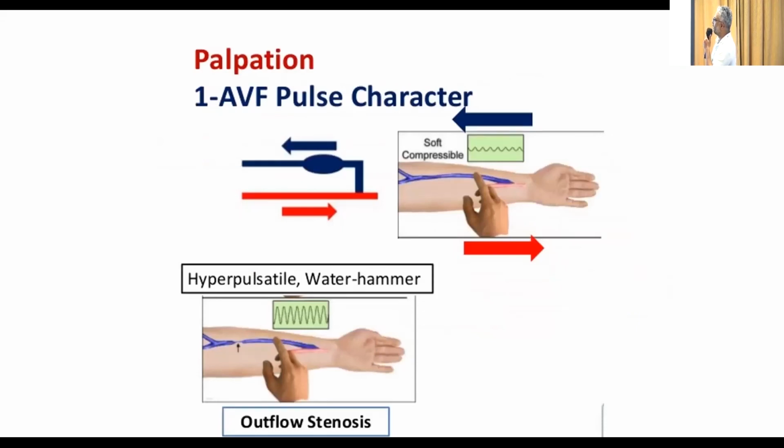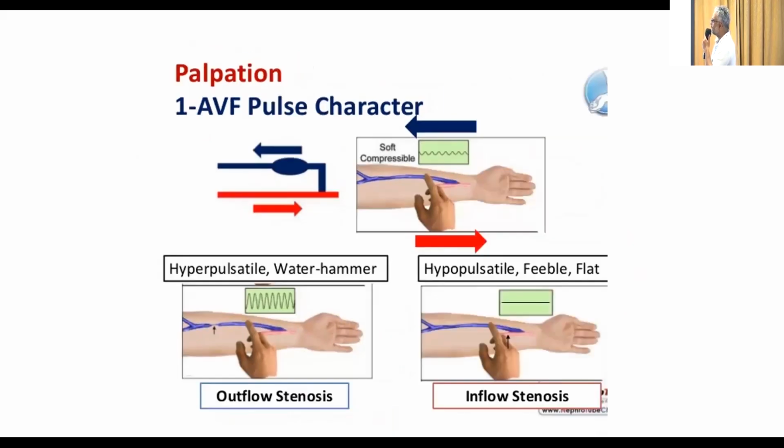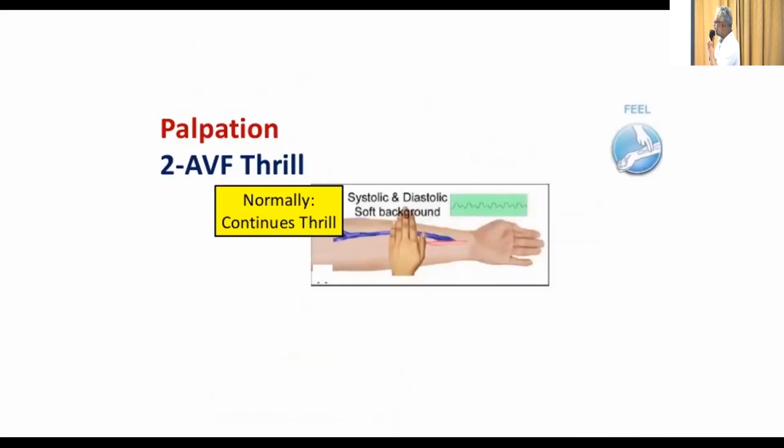But if you have a really thumping pulse, then there's an outflow stenosis, or one proximally, which is causing your pulse to be hyperpulsatile, what we call a water hammer pulse. What about inflow stenosis? You have a very feeble and flat pulse, then you have a problem with your inflow. Again, if you get this, send him to the surgeon or whoever did the fistula, and sort it out early.